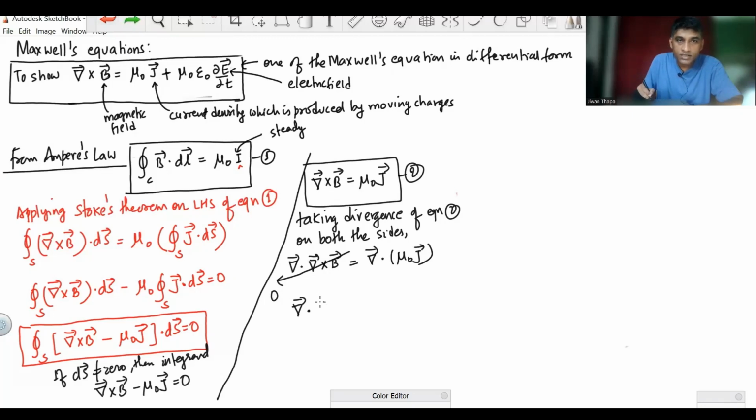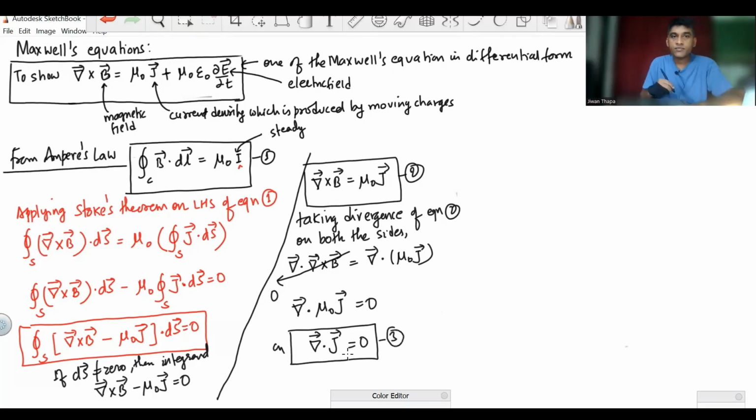So we can write in this way 0, or we can write, since mu naught is constant, in this way. So we are getting this. Let us call it equation 3.